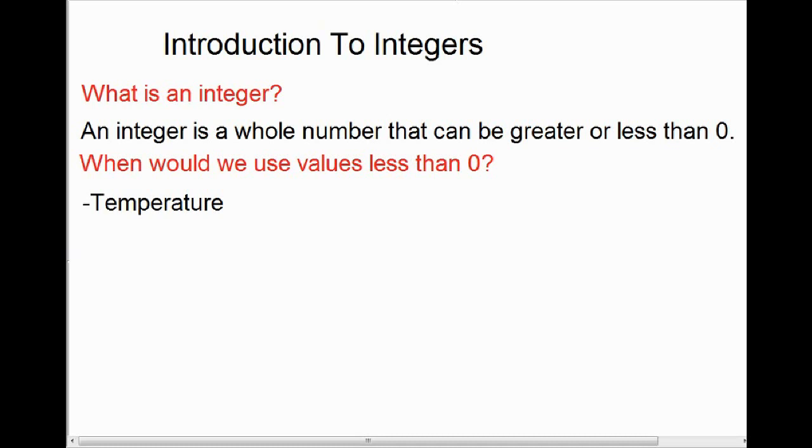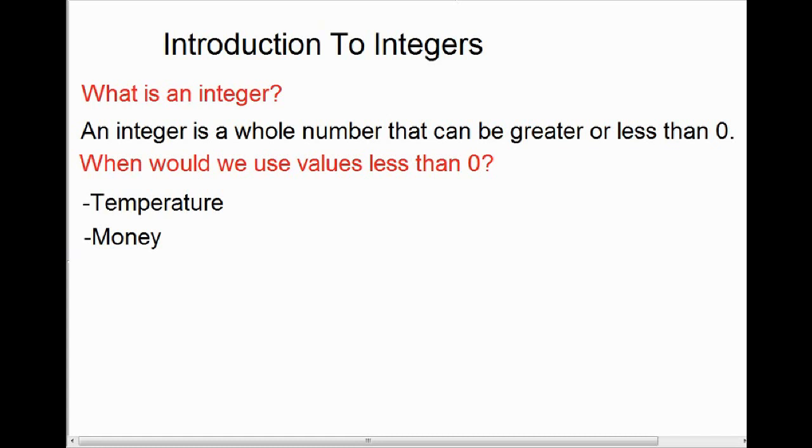Another example is in finance or money. If you run a business and during the course of running that business you end up losing money, that means that you earn less than $0. Whereas if you earn money, it's more than $0.